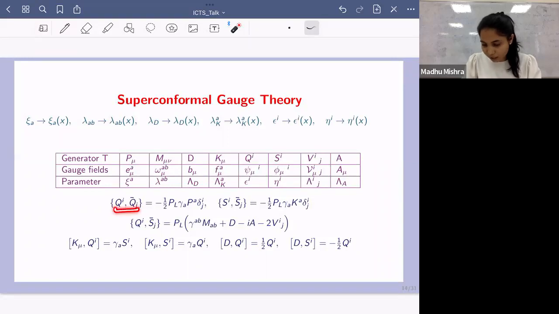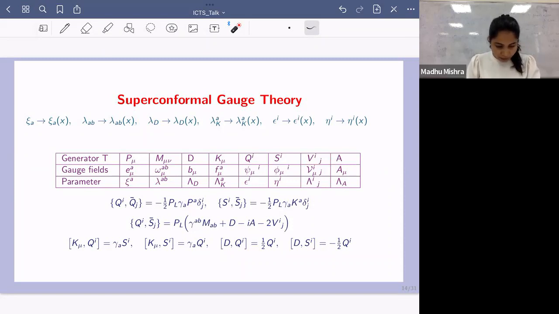Q supersymmetry closes to local translation, and the Q special supersymmetry will close to special conformal translation. And to close this algebra, we will also need R symmetries. So this is SU(2) for N equal to 2, and this is U(1). And this is the superconformal algebra.